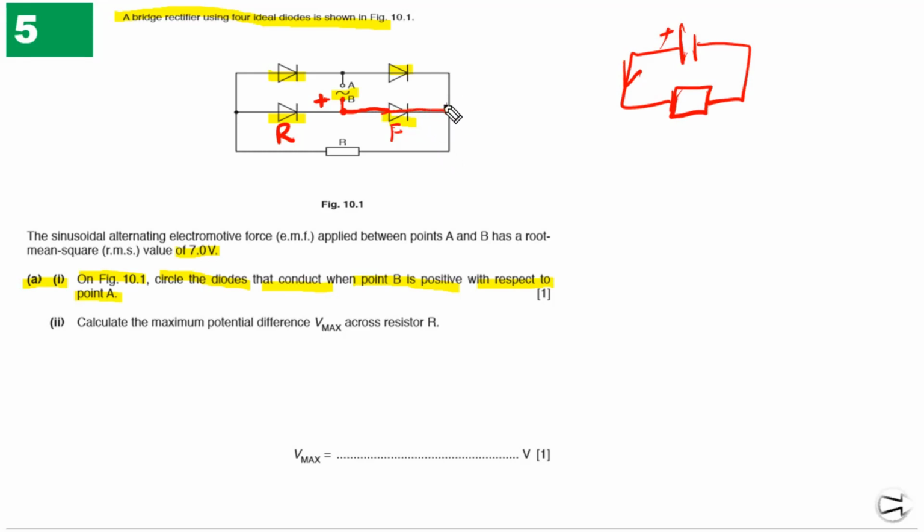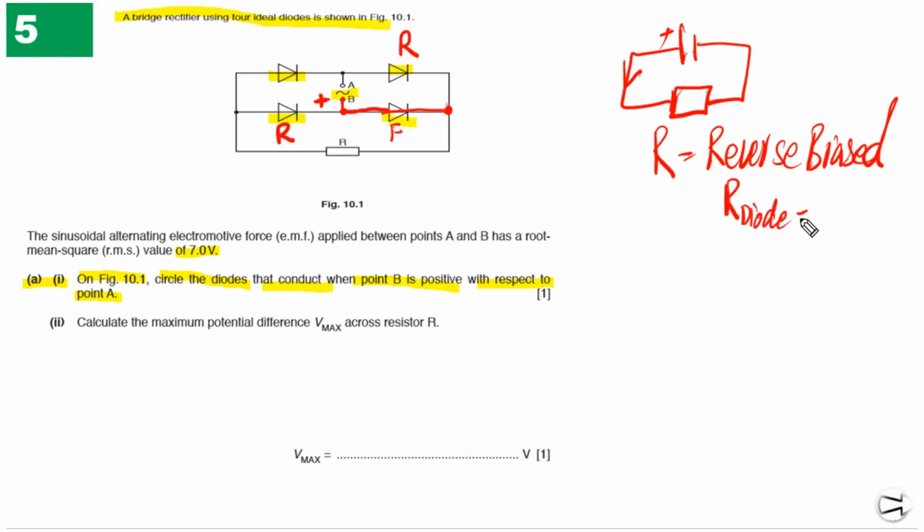But current will not go down because this one is in reverse bias. So R I'm using for reverse bias, means when reverse biased, in this case, the resistance of the diode is infinite, means current does not flow. So the resistance is infinite.